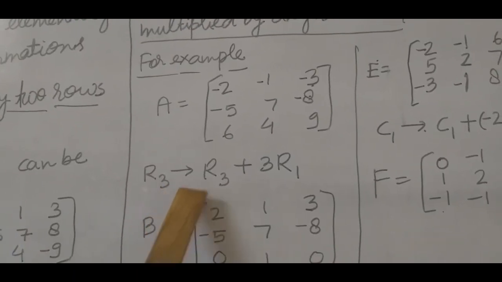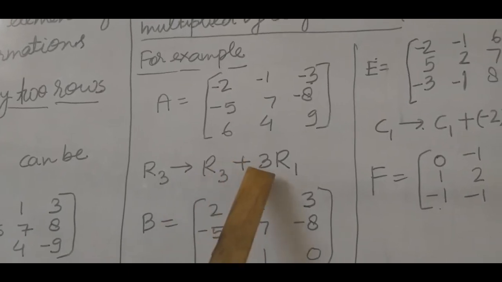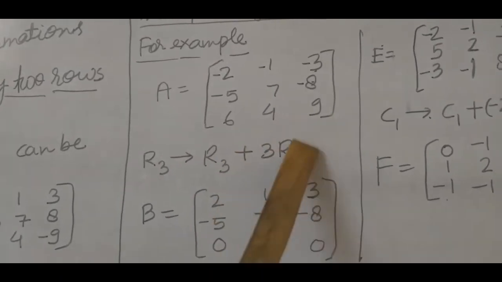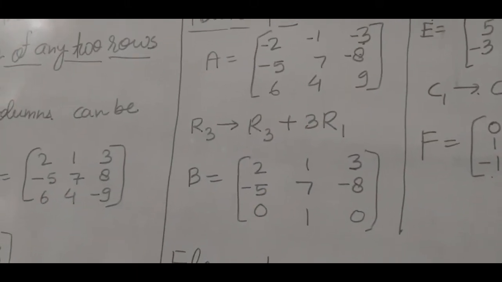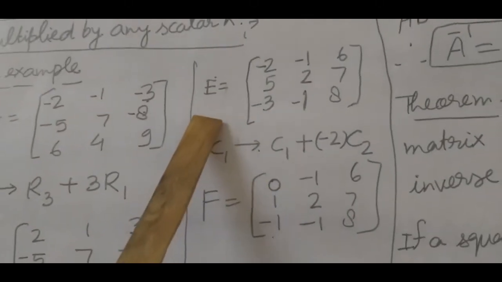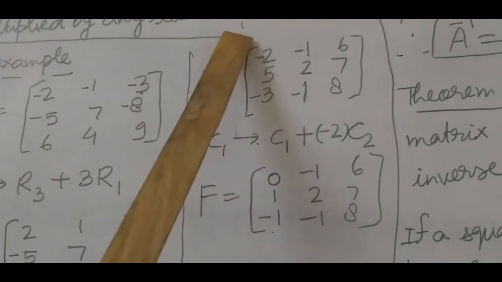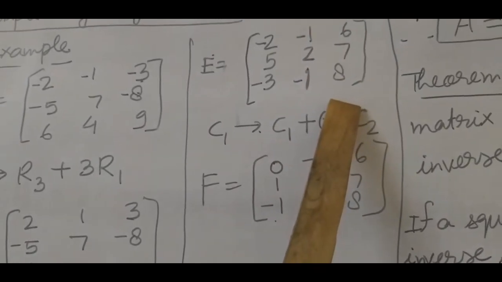In this operation we can add a row with another row after multiplying another row by any scalar. Okay students, let's take one more example. A is a matrix of order 3 by 3, and this is column 1, this is column 2, this is column 3.